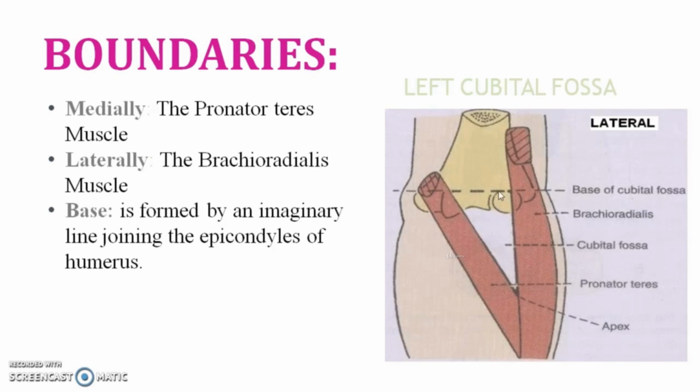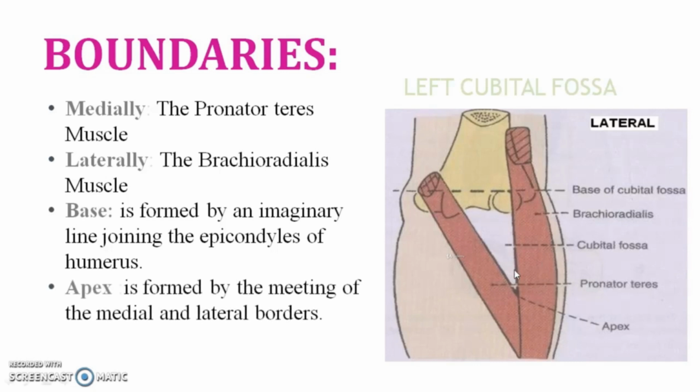It is nothing but the base, and this base is formed by an imaginary line which is joining the two epicondyles of the humerus. So this is the humerus bone, lower end. On either end we will be having the medial epicondyle and lateral epicondyle. Joining these two epicondyles we will have an imaginary line, and that imaginary line forms the base of this cubital fossa. And then we will be having the apex. It is nothing but the approximation of these two muscles which form the medial and lateral border.